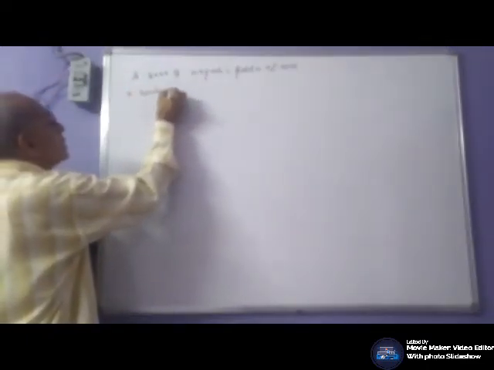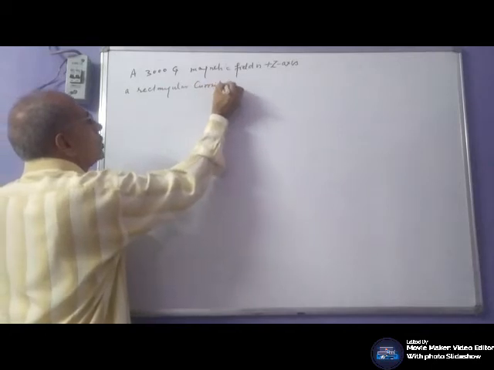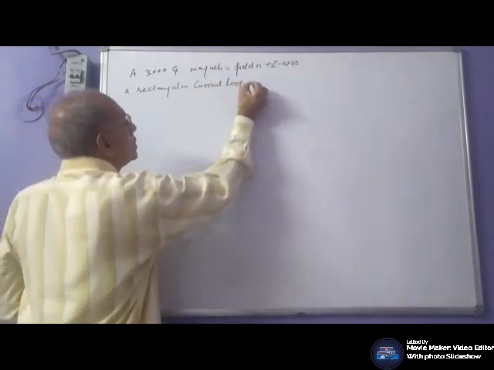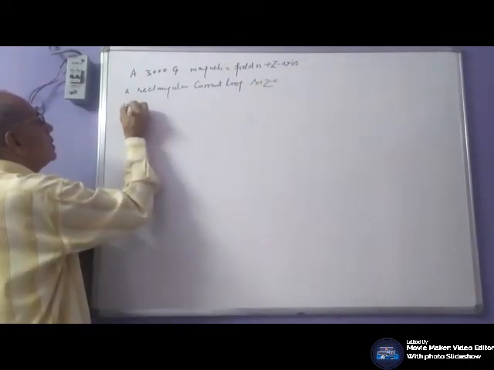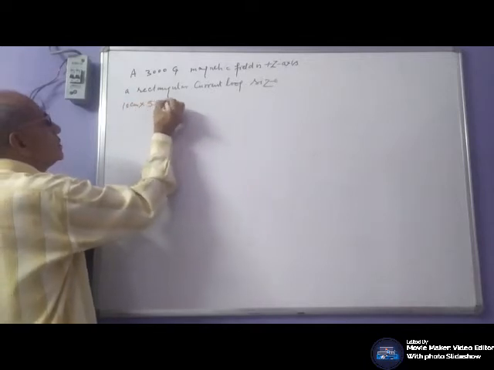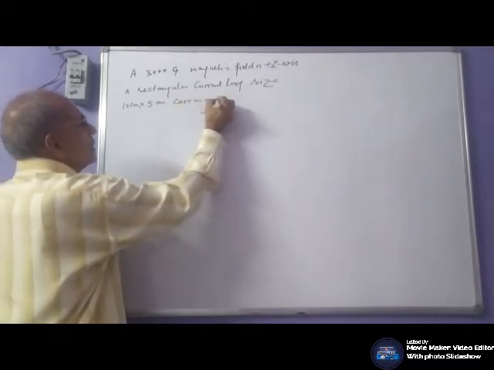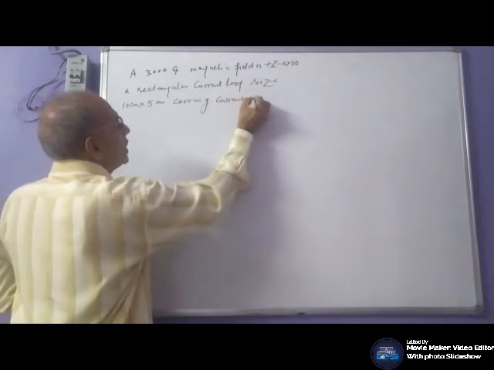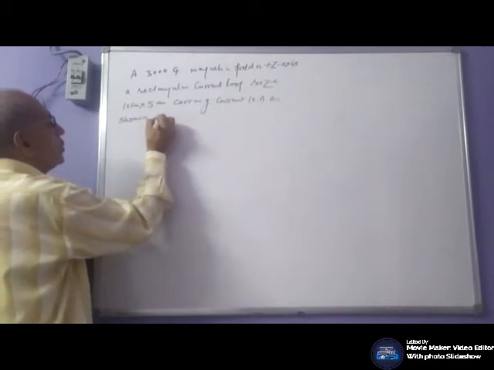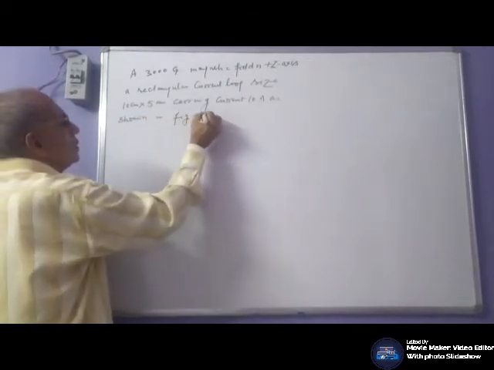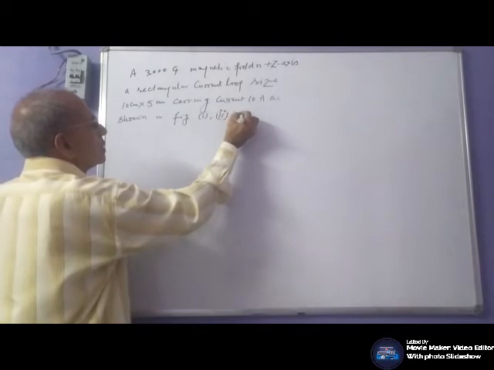A rectangular current loop of size 10 centimeter by 5 centimeter, carrying current 10 ampere as shown in the figure, first, second, third.